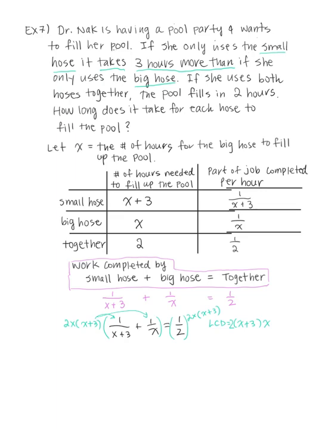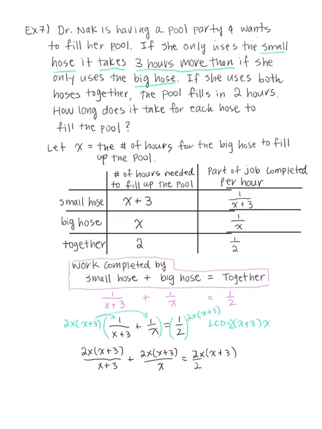Alright, so then what we're going to get is 2x times x plus 3 over x plus 3, plus 2x times x plus 3 whole thing over x equals, now here you're going to have 1/2 times 2, so that's going to cancel each other out. But if you don't see that right away, that's fine. Let me rewrite it as 1/2 times 2x times x plus 3.